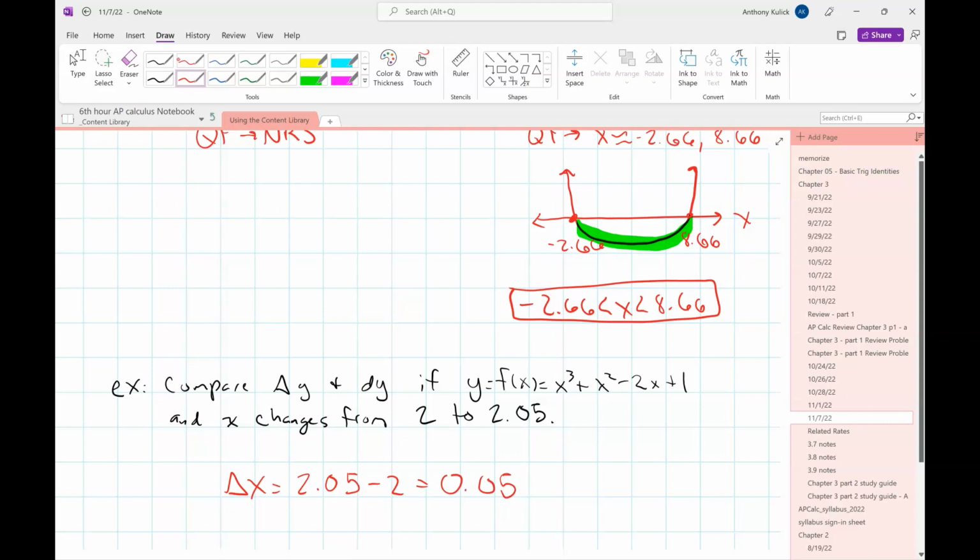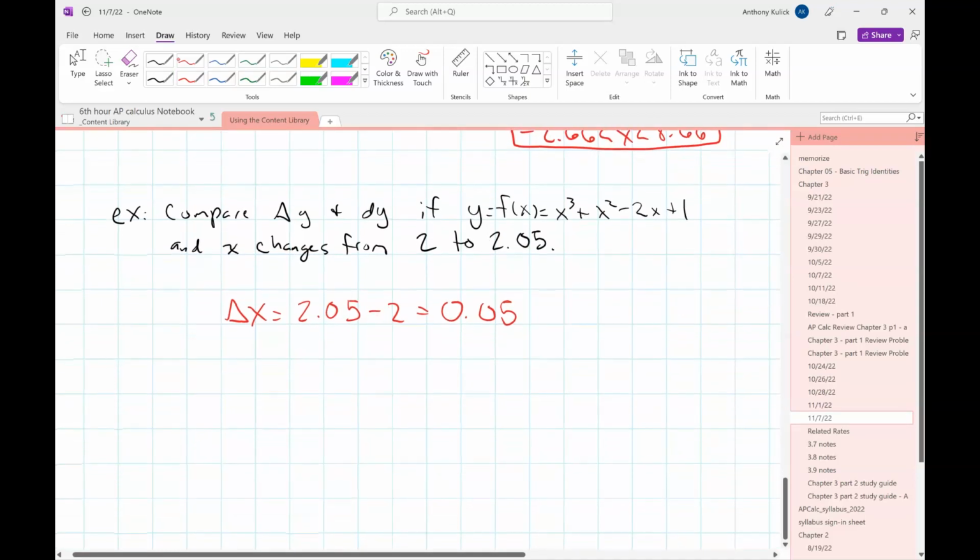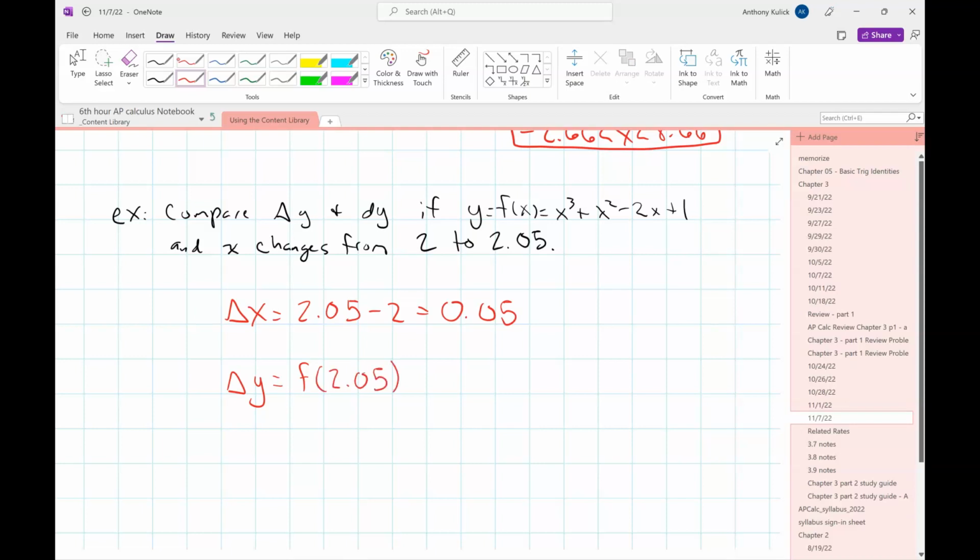That's really easy, right? Cool with that. Delta y is just the change in y's. So that would be f of 2.05 minus f of 2.